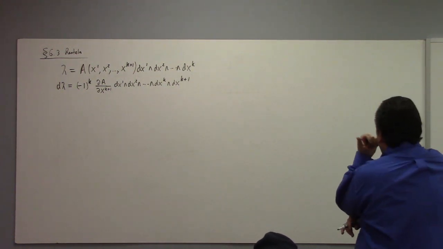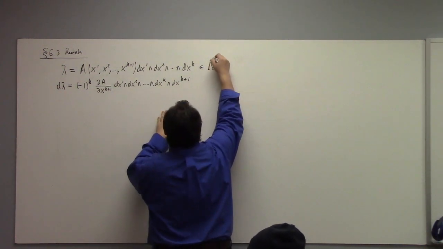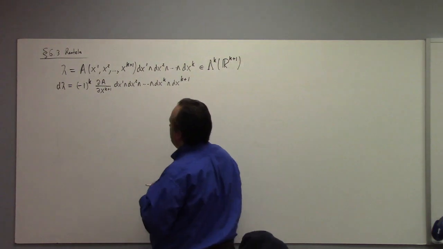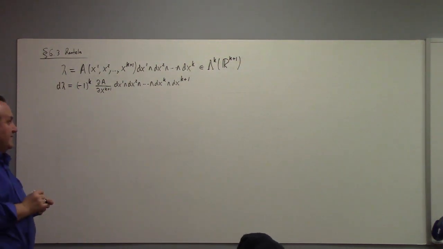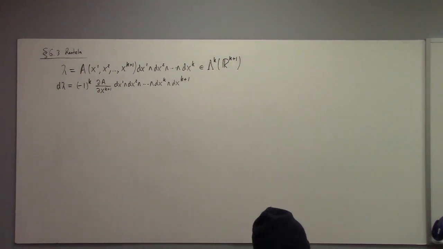It would be a linear combination of things like this. I think there are k plus 1 possible forms of this type.